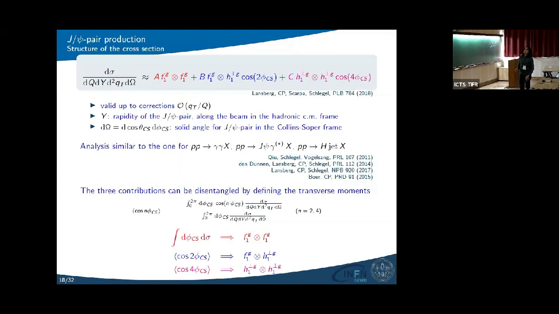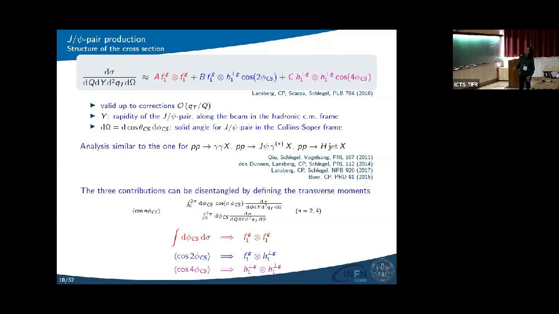And if we do the calculation, we write the cross-section differential in QT, and we look at the Collins-Soper frame of the J/psi pair, so the pair is at rest in this frame. Then we have this structure for the cross-section.